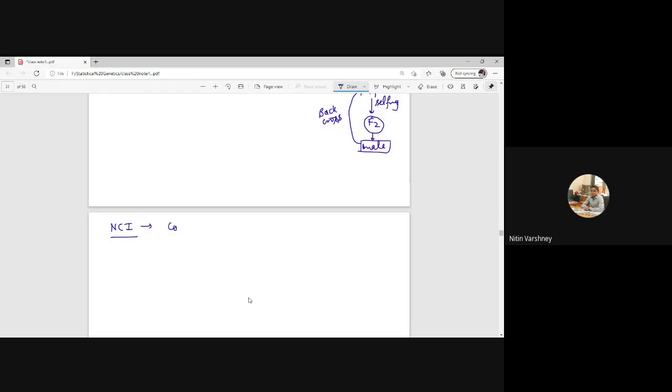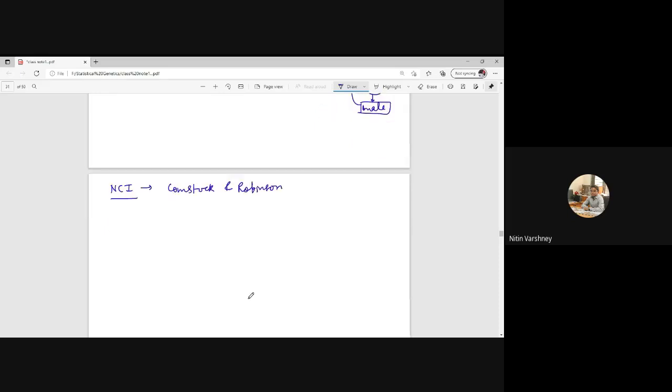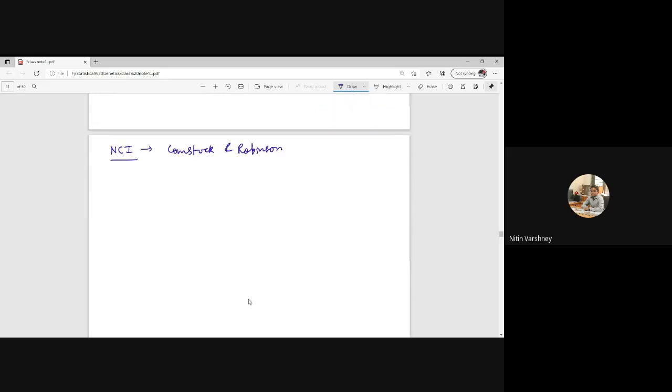It is given by Comstock and Robinson. Suppose this is A, B, C, and these are male.